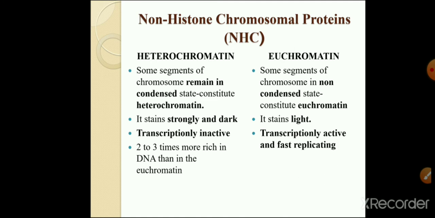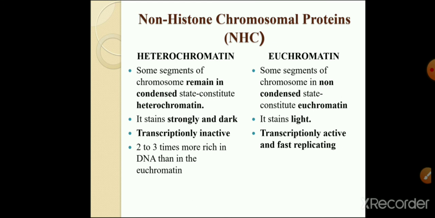The first part is heterochromatin. In eukaryotic cells, some segments of chromonema or chromosome during interphase and early prophase remain in a condensed state. These regions constitute heterochromatin.